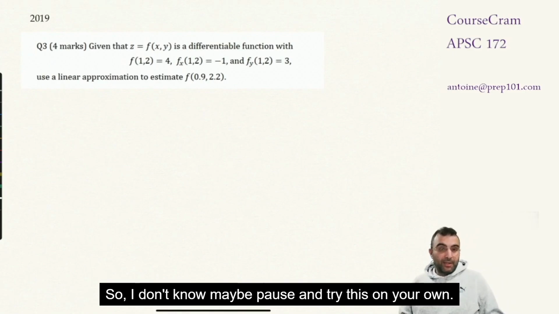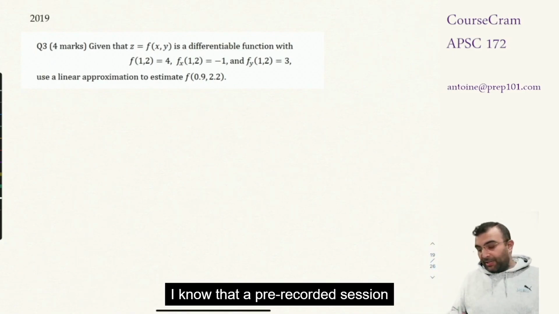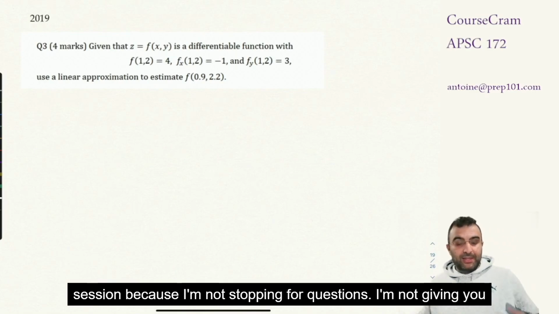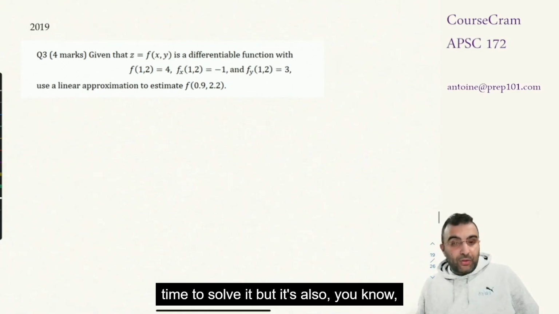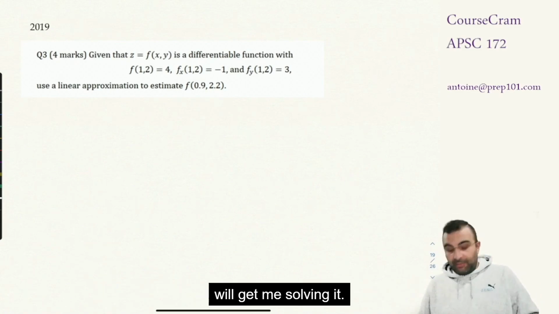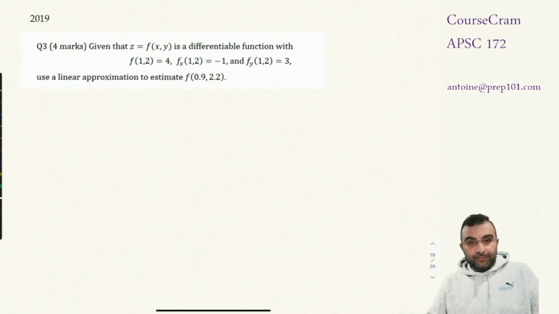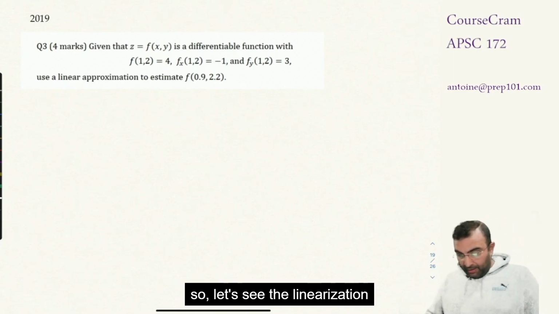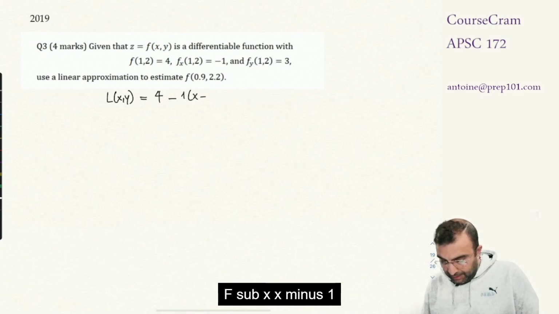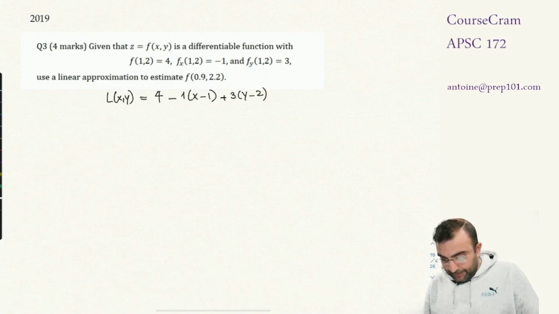Here's another example that they asked in 2019. So I don't know, maybe pause and try this on your own. I know that a pre-recorded, on-demand session moves faster than a live session because I'm not stopping for questions, I'm not giving you time to solve it, but it's also very easy. Just click pause, solve it, and then unpause, and then you'll get me solving it. So let's see. The linearization L(x,y) is equal to f of (1,2) plus f sub x times (x minus 1) plus f sub y times (y minus 2).